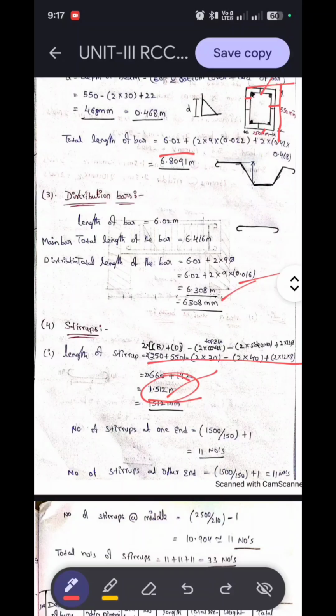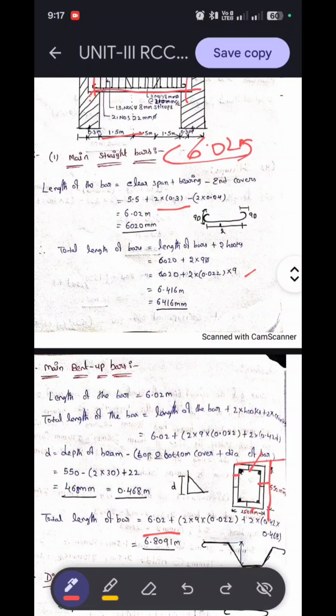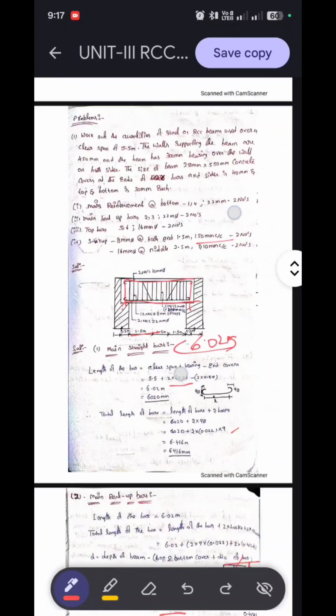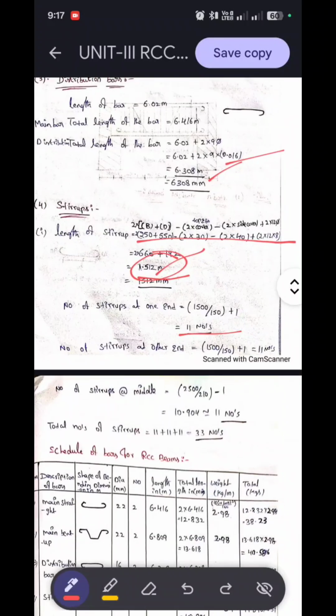So the number of the stirrups at one end is 11 numbers, and the other end is also the same. 1.5 meters converted into mm, so 1500 mm divided by spacing 150 mm center to center gives 11 numbers. So both sides are 11 plus 11, 22 numbers.